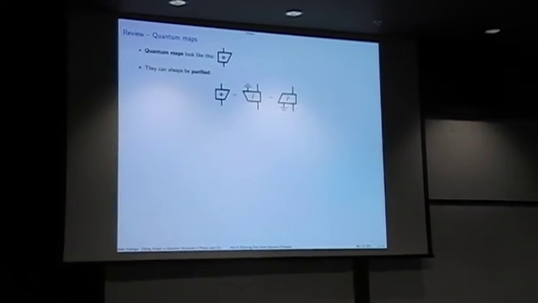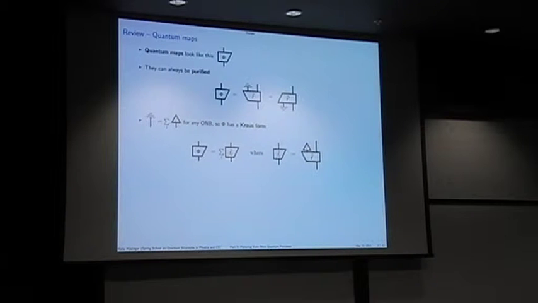Quantum maps look like this. They can always be purified, as Bob said. And I'm not sure if he mentioned this, but there's an alternative way we can write this trace, this discarding map, as a sum across some orthonormal basis. Which gives us, in addition to this Stein-Spring purified form, also a Kraus form. So we could write any of these maps as a sum of its pure components, which you should think of as like Kraus operators, Kraus matrices.